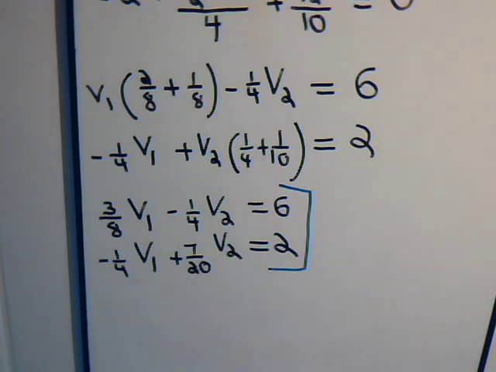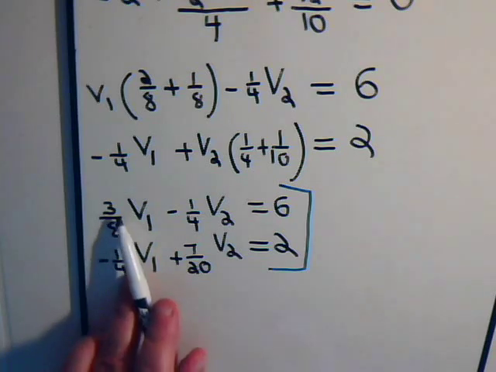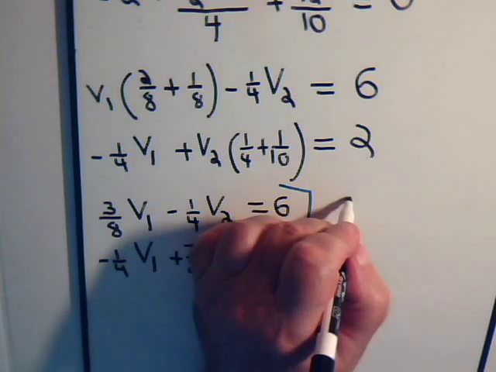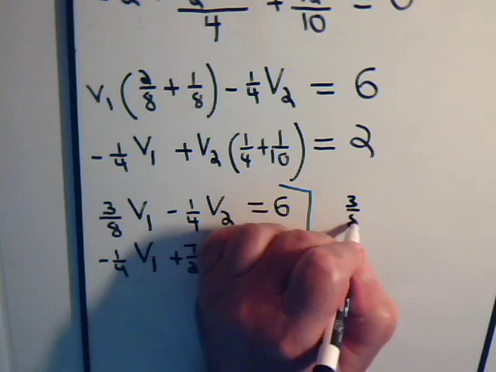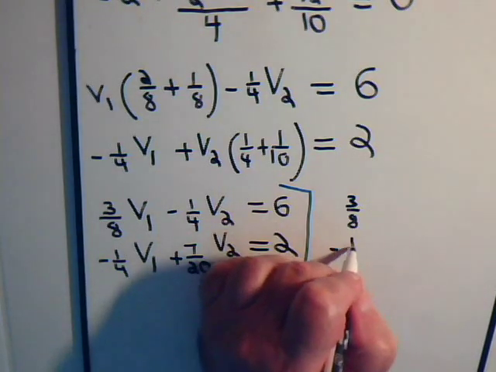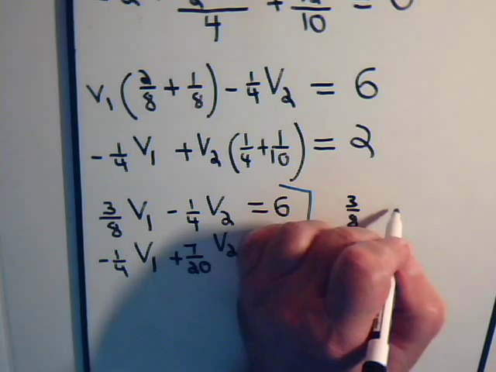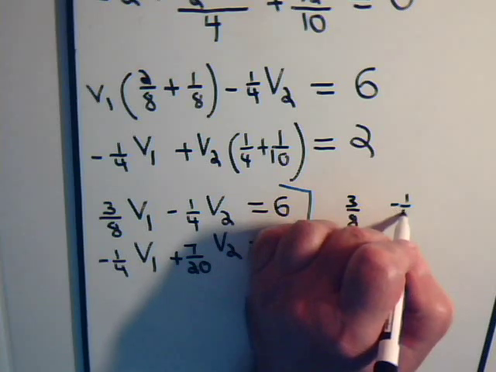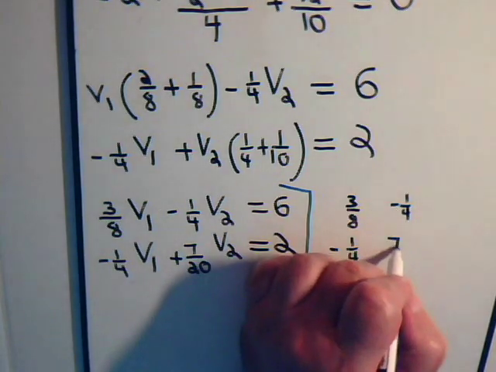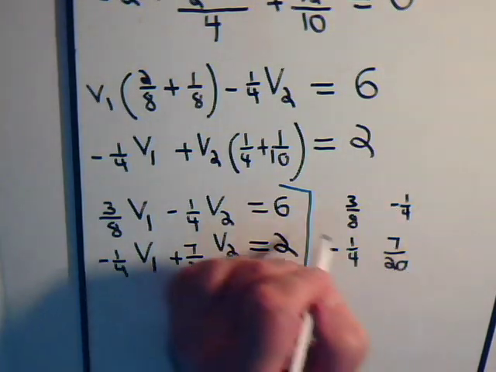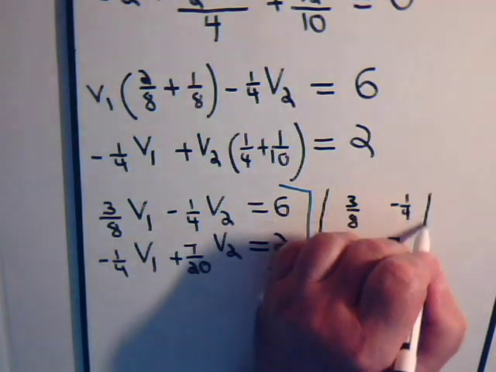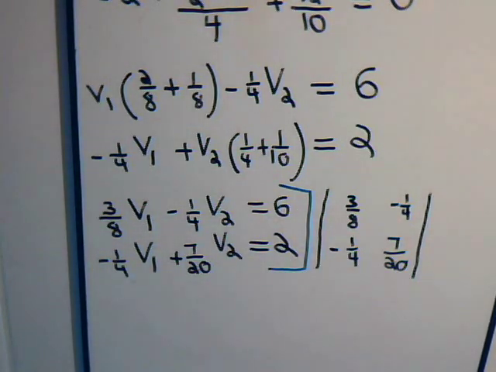So we're going to have a 2 by 2 matrix with these numbers in one column, and these two numbers in a different column. We want to first determine the numerical value of that matrix.